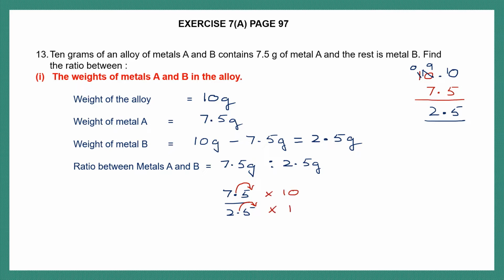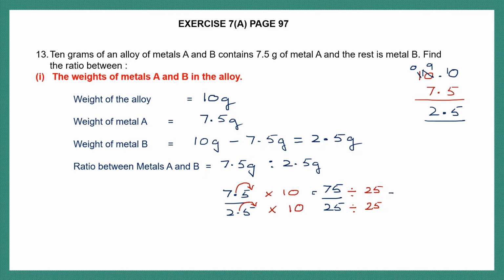So let me multiply both by 10. So now I get 75 by 25 because the point has moved one place to the right. Now I need to reduce these to the lowest term. I have to divide both by a common factor, and the common factor here is 25. You can also divide it by 5.